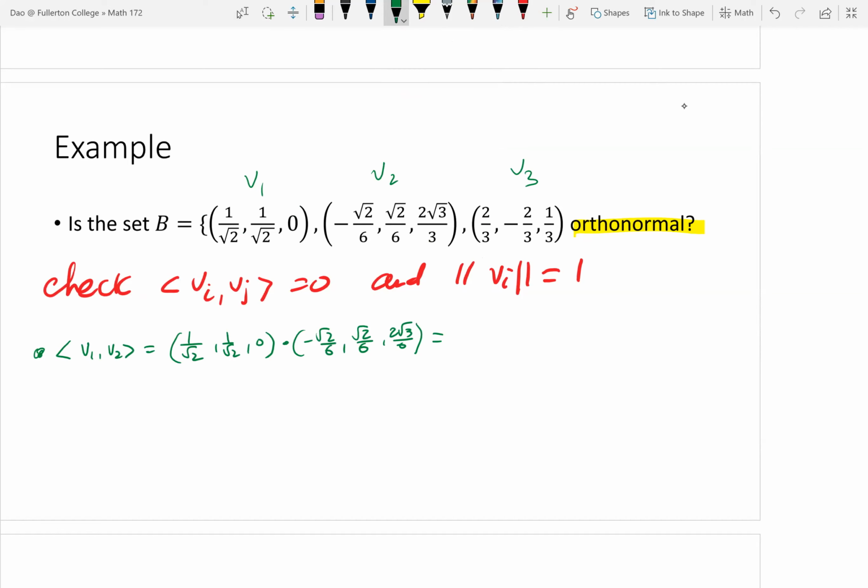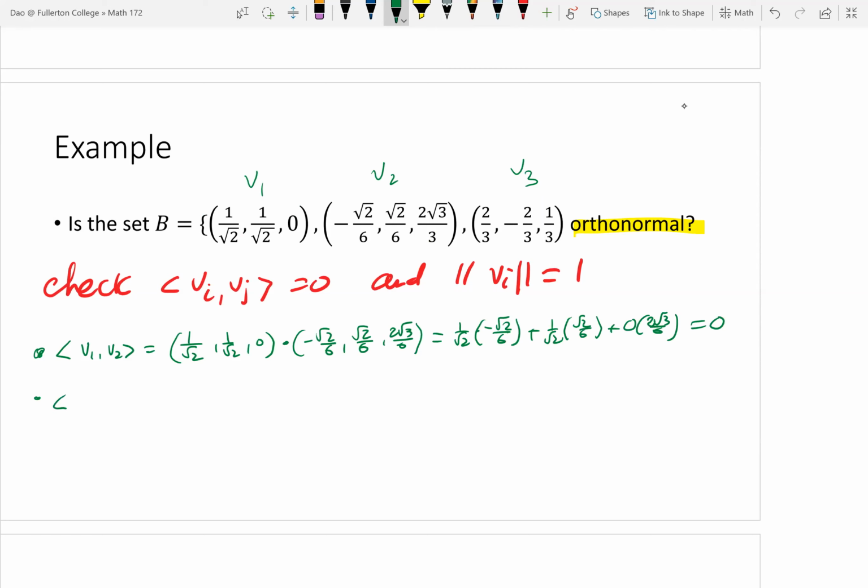So we get 1/rad 2 times negative rad 2 over 6, plus 1/rad 2 times rad 2 over 6, plus 0 times 2 rad 3 over 6, and that gives you 0.